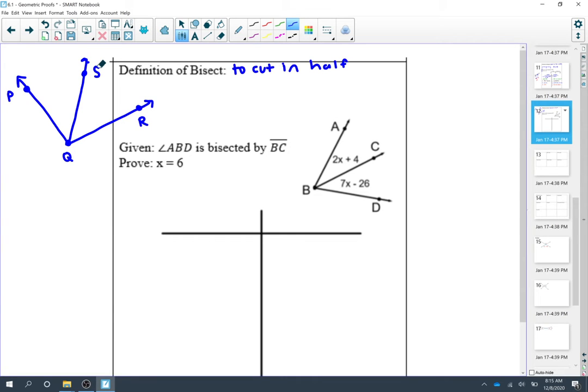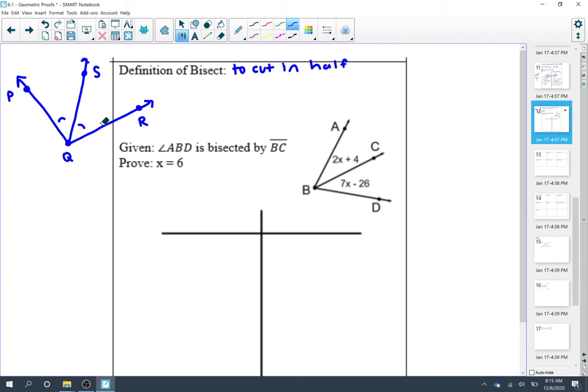Now, if QS, that is a ray, cuts this angle in half, then what do we know about the angle over here and the angle over here? Well, if it's cut in half, then we know they're the same. On here, we can mark that with those two little curvy lines. So in an angle, that means congruent.